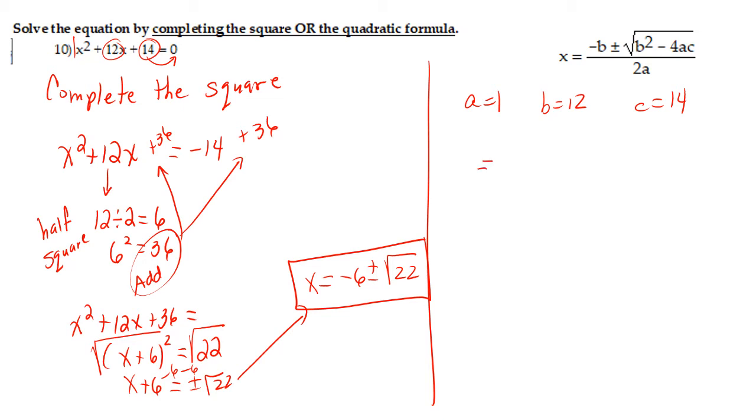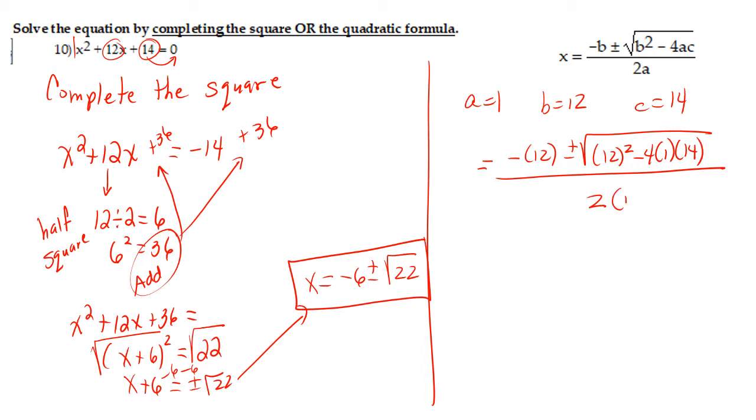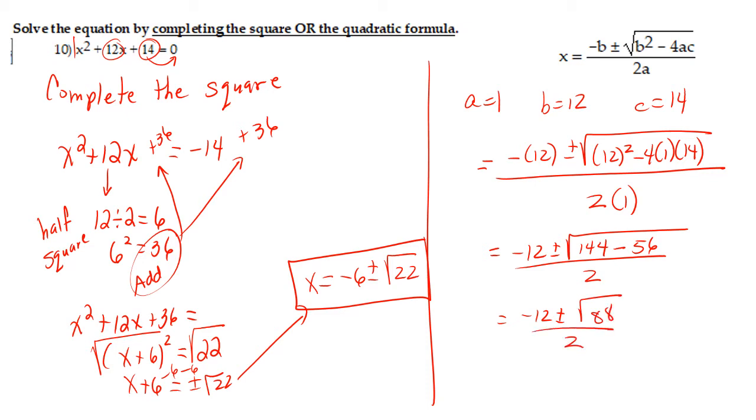Now I will substitute in, so negative 12 plus or minus square root of 12 squared minus 4 times 1 times 14 all over 2 times 1. Now when I simplify, that will give me 144 minus 56 under the radical, and when I simplify that, I end up with the square root of 88 under the radical.